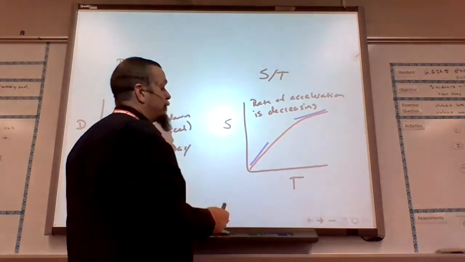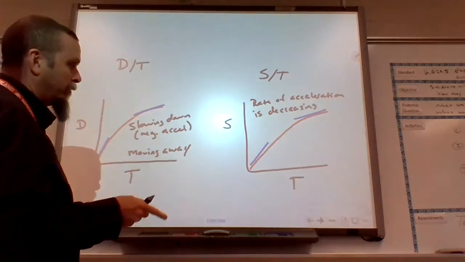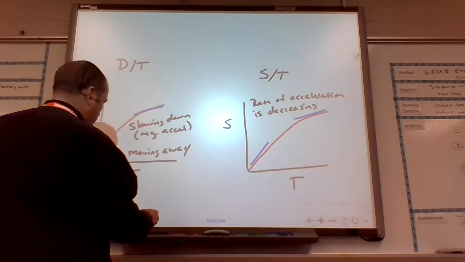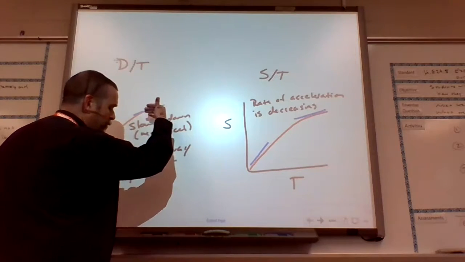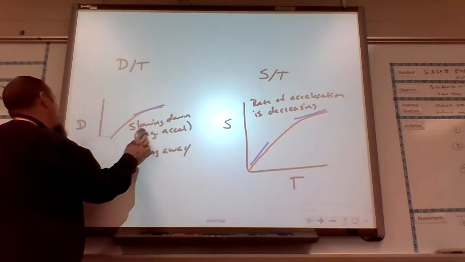The line is going up, so it is still positive acceleration. The speed is still increasing as it goes, so it would be positive. But the rate of acceleration is decreasing. And again, both those curves can be done the other way around. We could have the object moving closer here, or we could be talking about negative acceleration over there.